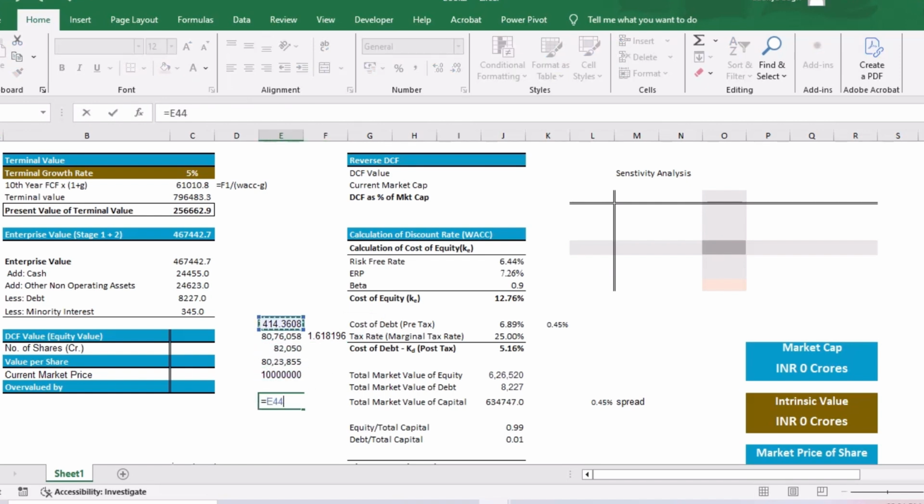This plus this is our total number of shares.